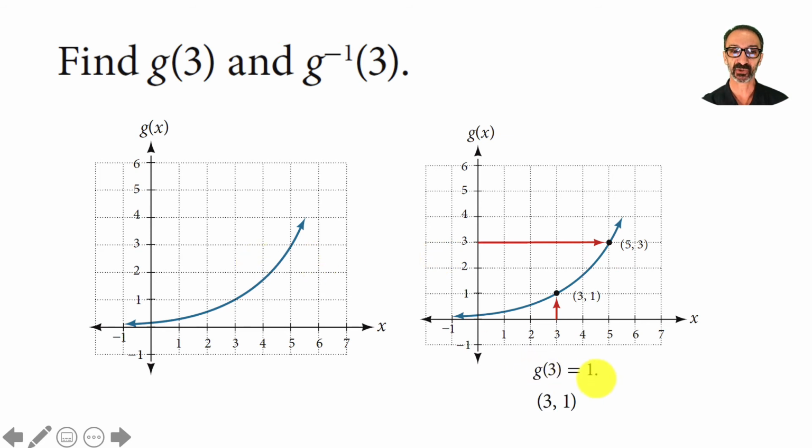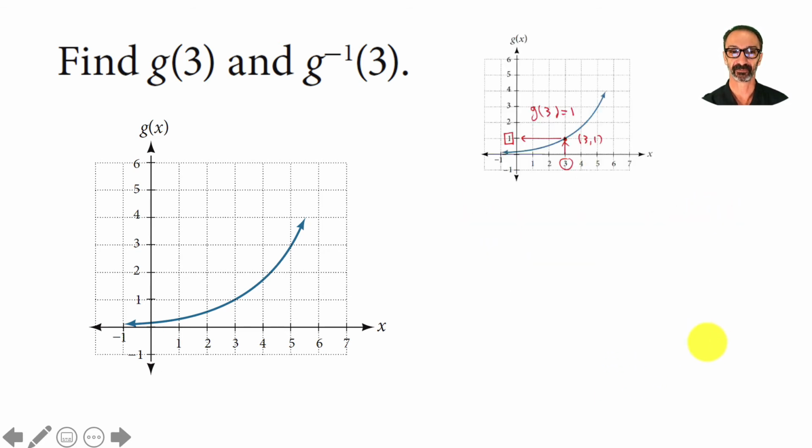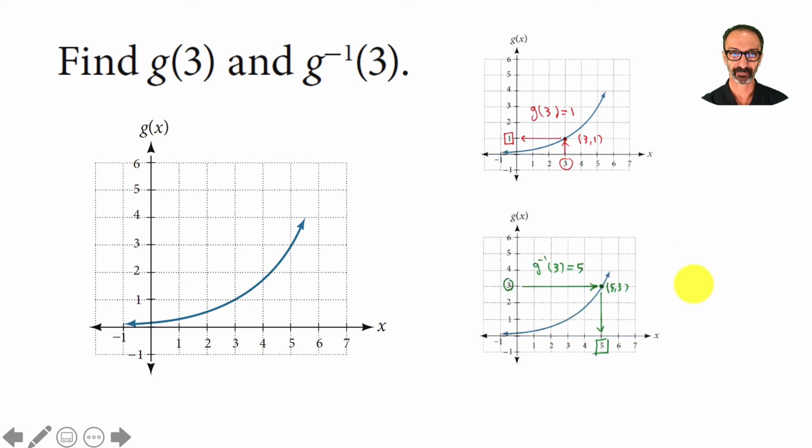So g of 3 is 1, and g inverse of 3 is 5. One more time, g of 3 is 1, and g inverse of 3 is 5.